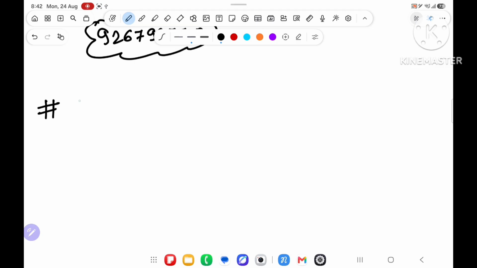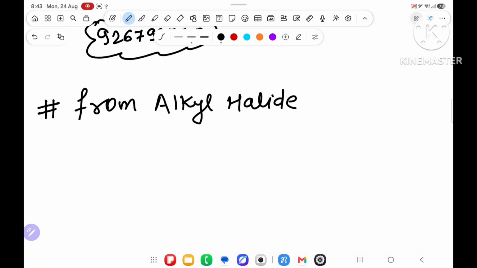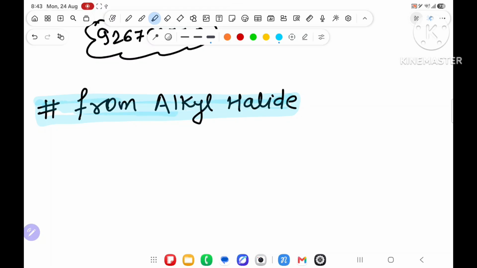Now, the next method of preparation is from alkyl halide. The next method of preparation of alcohol; hydrocarbon is done, and I have given almost all the questions possible that have a chance of coming in the exam.